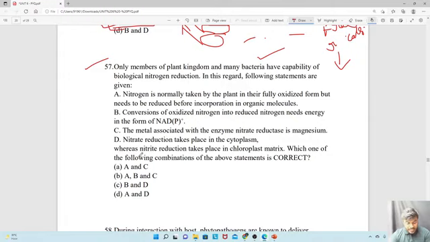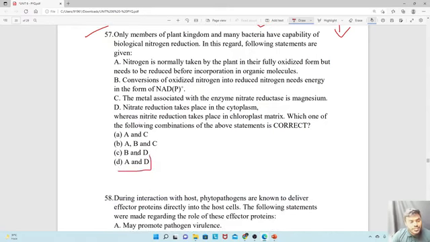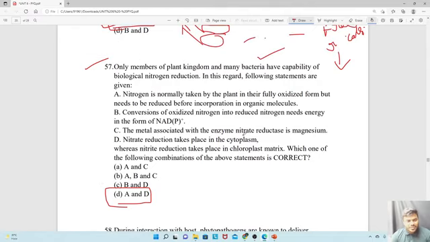Think a little bit. Perfect. Option D, friends, we discussed, right? The metal associated with the enzyme nitrate reductase is not at all magnesium. It actually requires molybdenum. So option C will be absolutely a wrong statement.